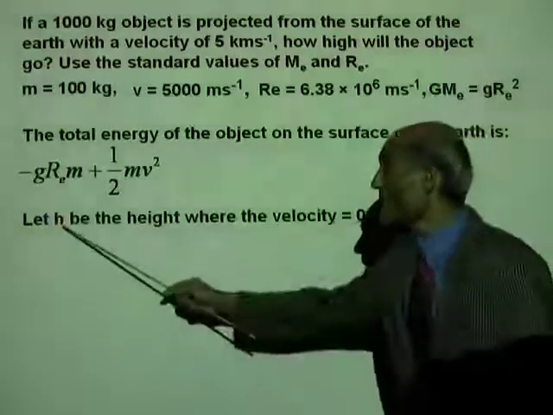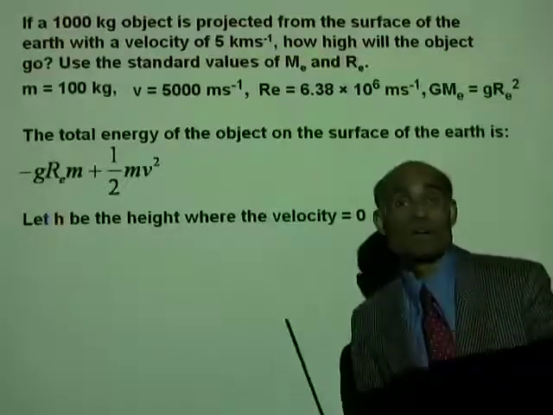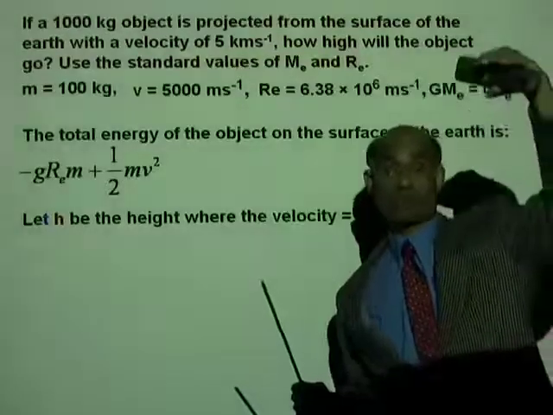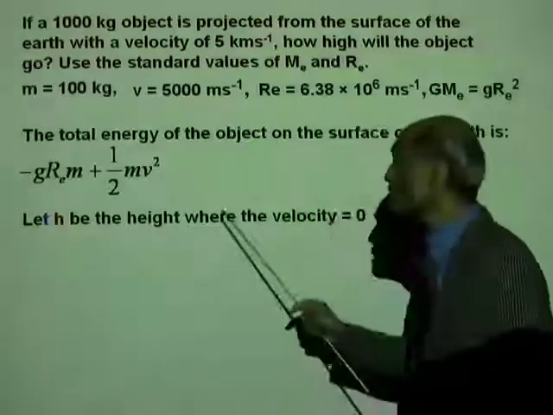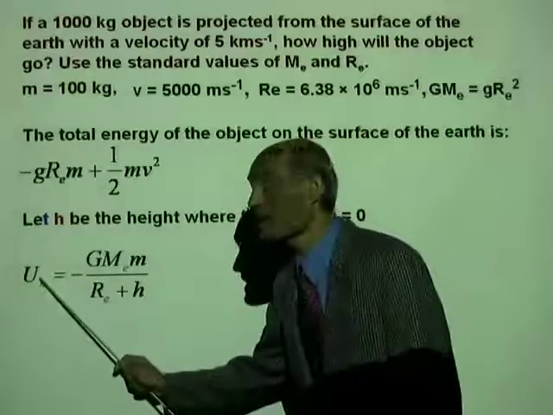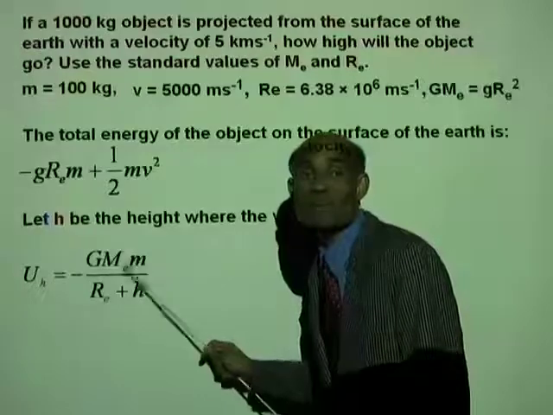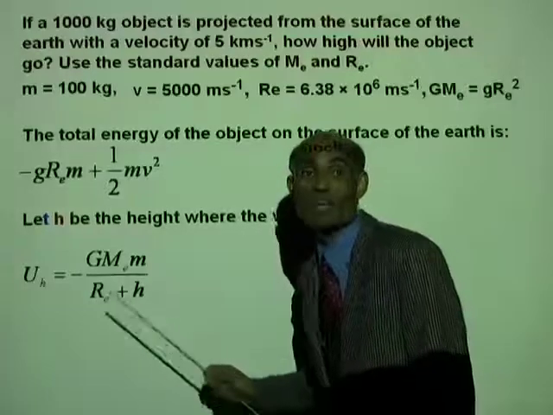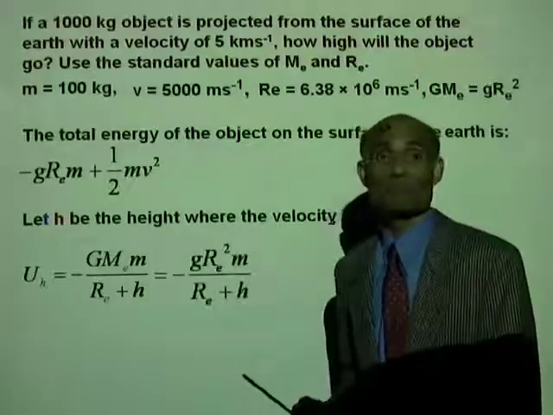Now, let h be the height where the velocity becomes 0. As it rises, it's going to stop at that maximum height. Alright, what is the potential energy at that height h? The potential energy at that height h is negative GMEM over RE plus h. And what will be the kinetic energy at that time?